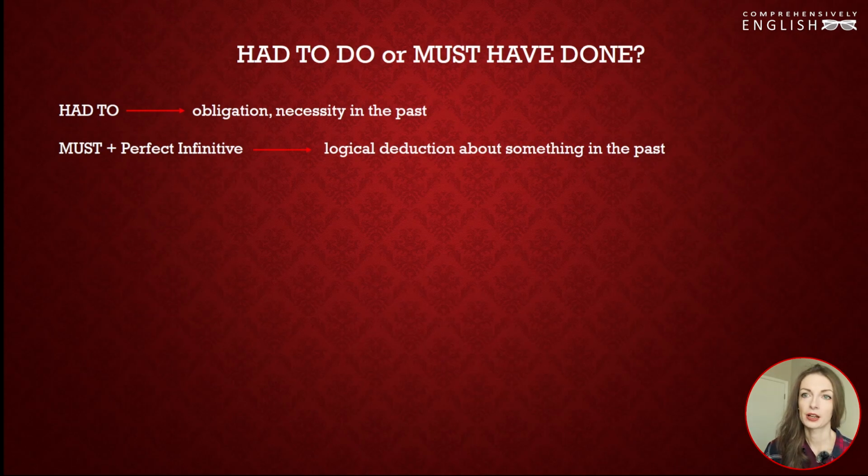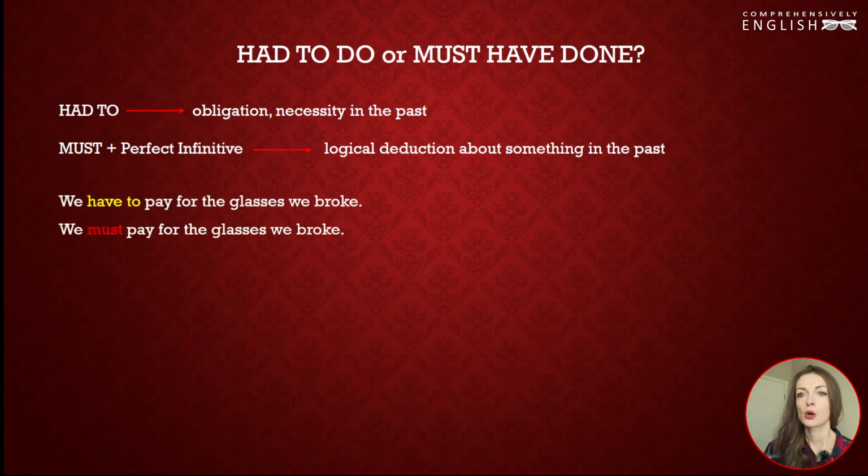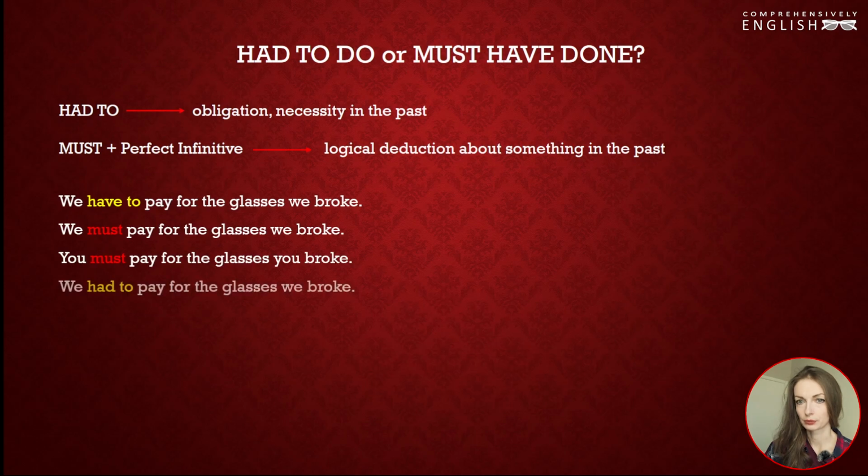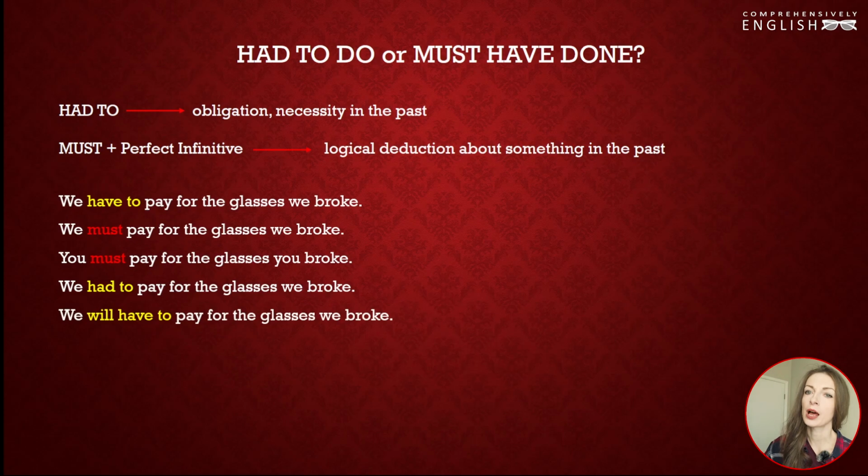Let's compare several sentences. We have to pay for the glasses we broke. We must pay for the glasses we broke. You must pay for the glasses you broke. We had to pay for the glasses we broke. We will have to pay for the glasses we broke. What's the difference? We have to pay for the glasses we broke. We feel that it's necessary, but we don't want to do it.